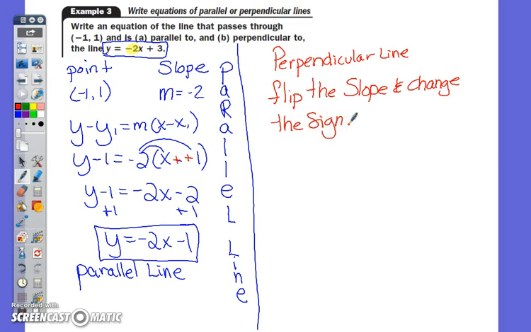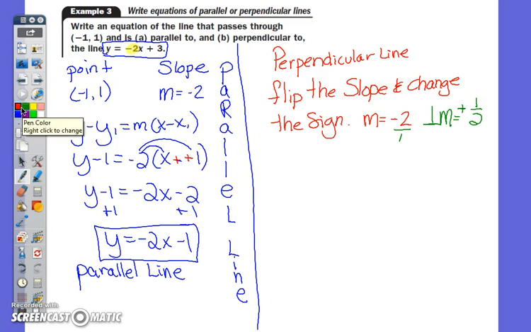Alright, so that means if my slope is negative 2. Now this little symbol I'm going to write that looks like an upside down T, that means perpendicular. My perpendicular slope is, if I put this over 1 and flip it to 1/2, change the sign, it's negative. This is now positive. I found the perpendicular slope.